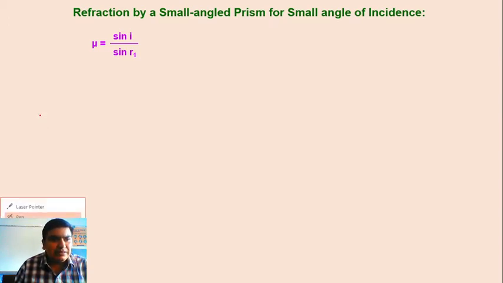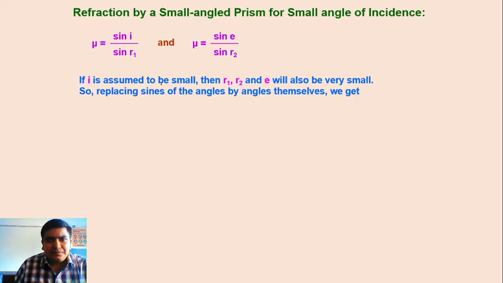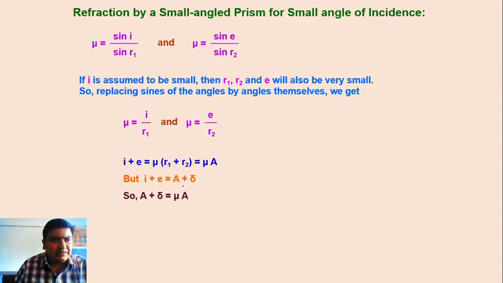In that case, every refraction and incidence angle will be small, so sin I tends to I and sin R tends to R. So basically you get a similar formula to the one we derived earlier: mu equals I by R, and A plus delta equals mu A, so delta equals A times (mu minus 1). This is the refraction through a prism.